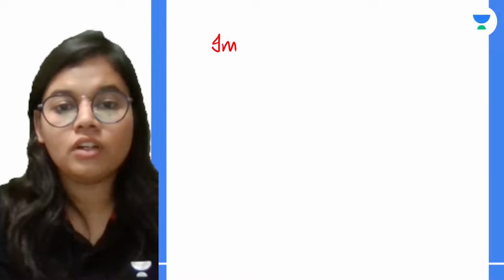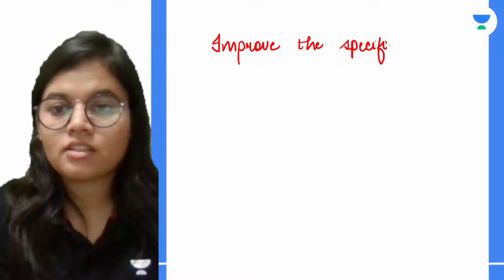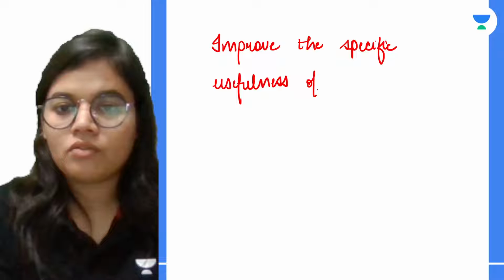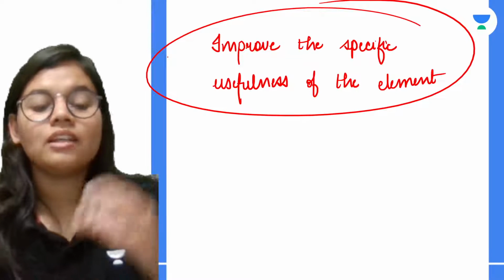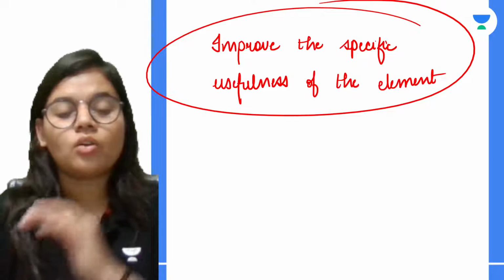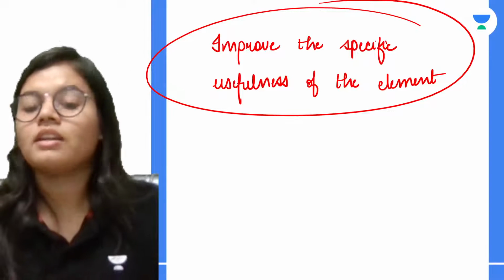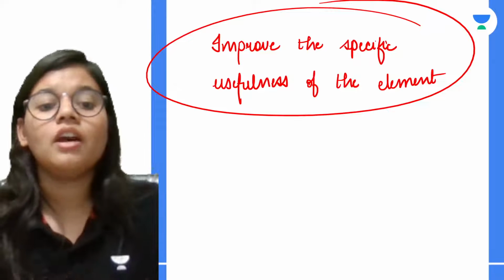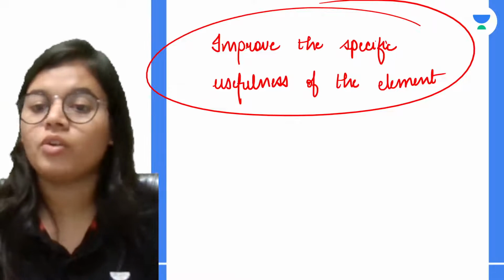It is to improve the specific usefulness of the element. This becomes our main reason for alloying. Whatever the element, its particular reason may differ, but overall the reason is that we are achieving particular goals. For example, you are increasing strength, modifying the look, or changing reactivity, but we are going to change it in order to make it a bit more useful.